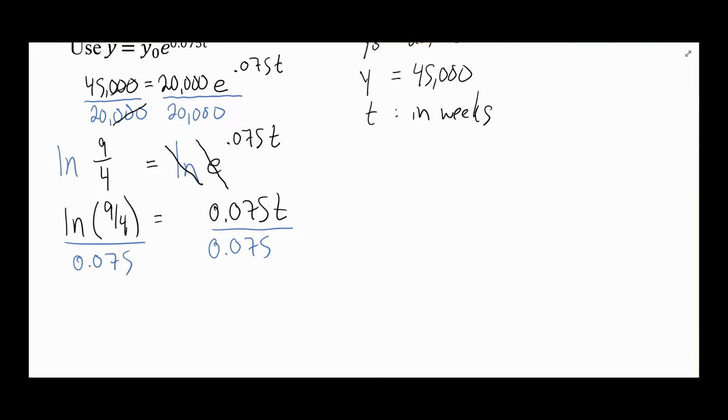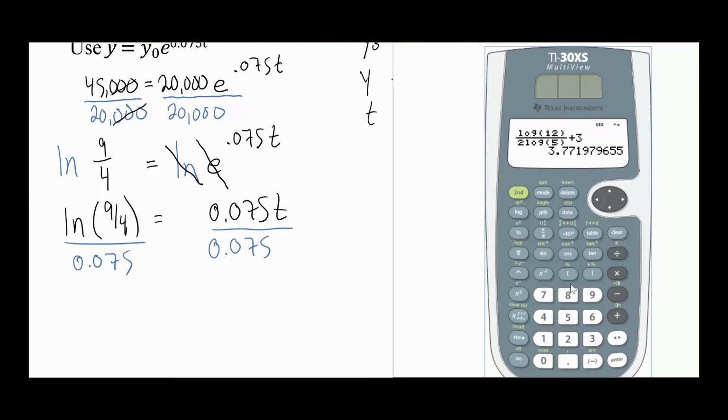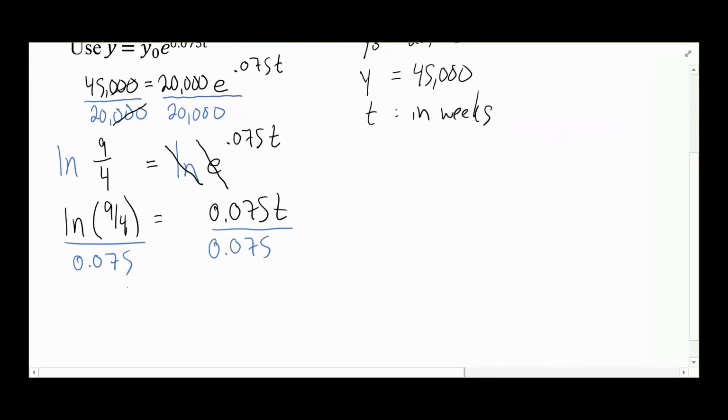So now I'm going to get out my calculator, and I'm going to have the natural log of 9/4 on the top and 0.075 on the bottom. And I get this number, 10.81 something or other.